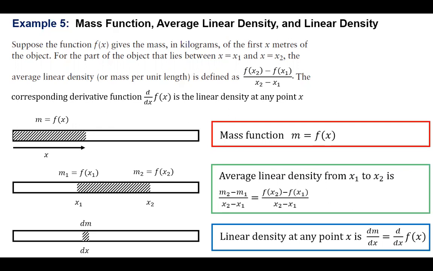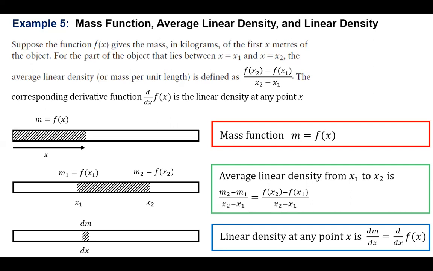This is given by the difference between the masses over the difference between the x, the length, which is (f(x2) minus f(x1)) over (x2 minus x1). So the derivative of the mass function dm/dx is actually the linear density at any point x. This is by definition.